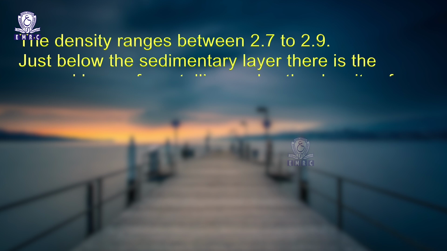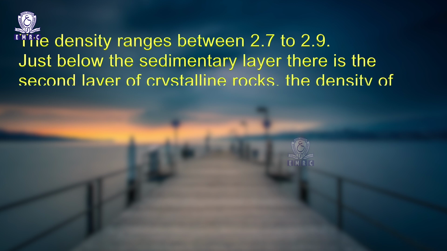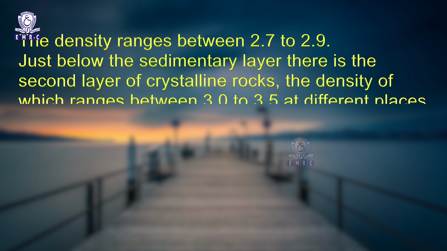Just below the sedimentary layer, there is another layer of crystalline rocks, the density of which ranges between 3.0 to 3.5 at different places. The average density of earth is 5.5 grams per cubic centimeter. Thus, it appears that the density of the innermost layer or the core of the earth will be more than 5.5.